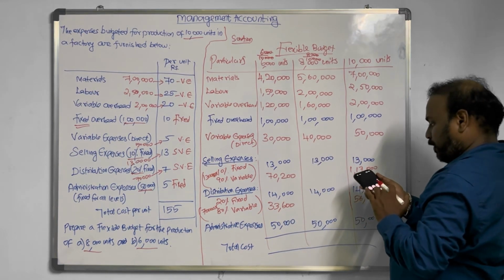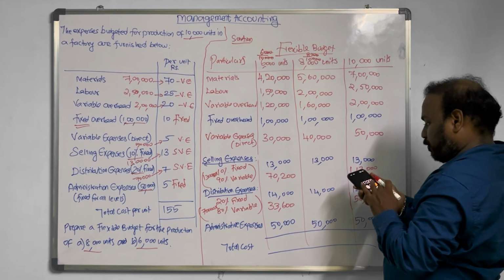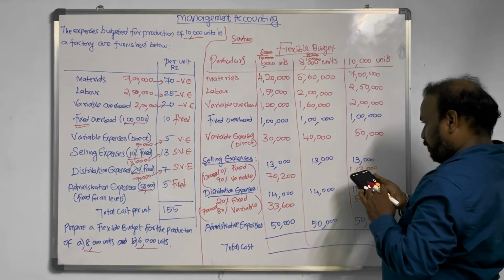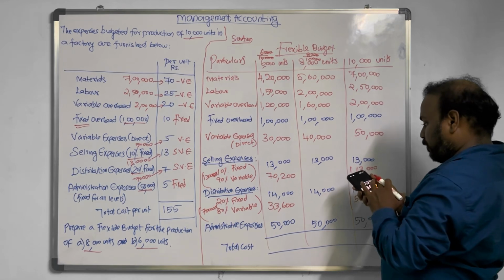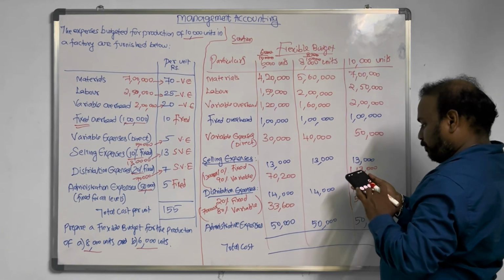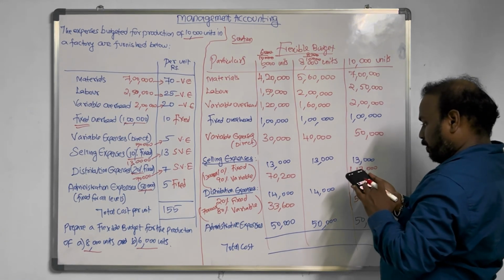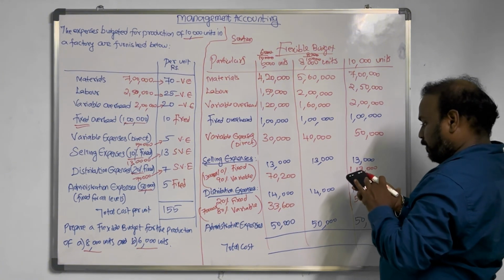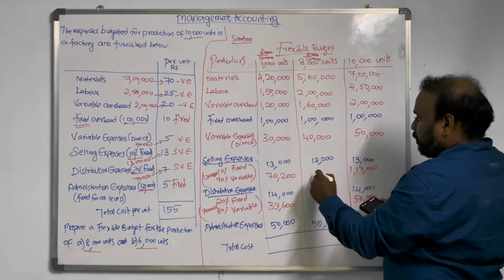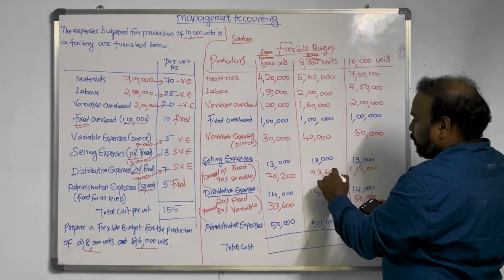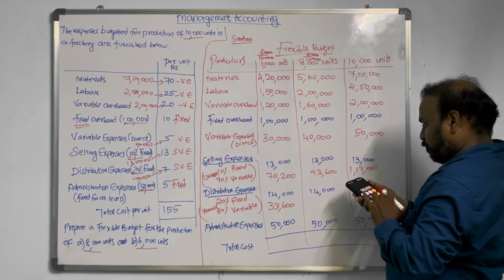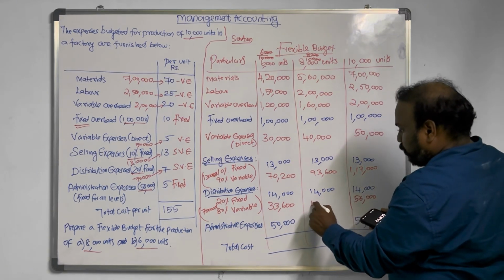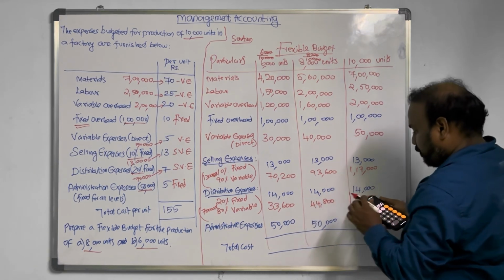Then 1,17,000 into 8 divided by 10, it is 93,600. 56,000 into 8 divided by 10, it is 44,800.